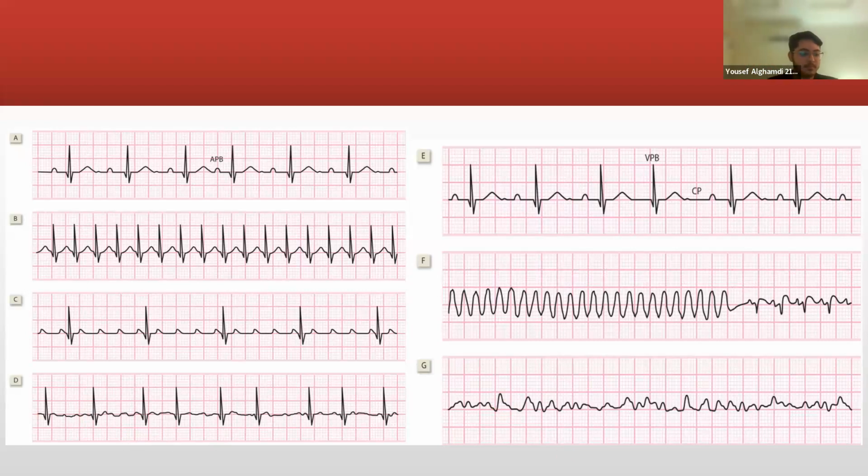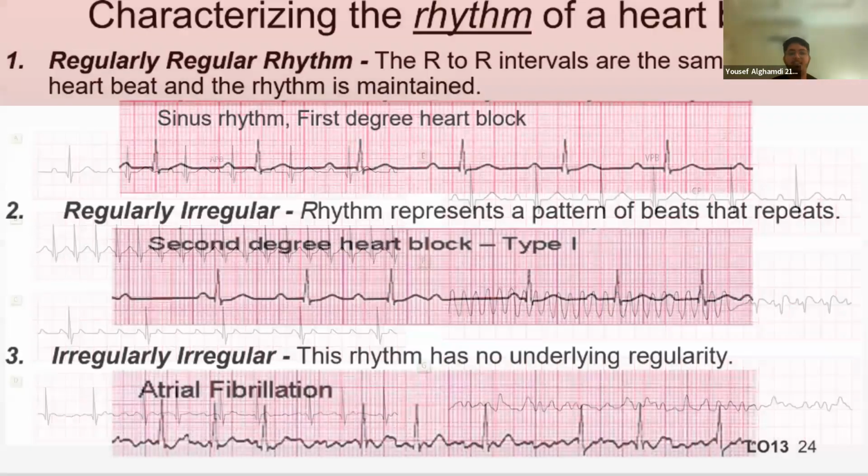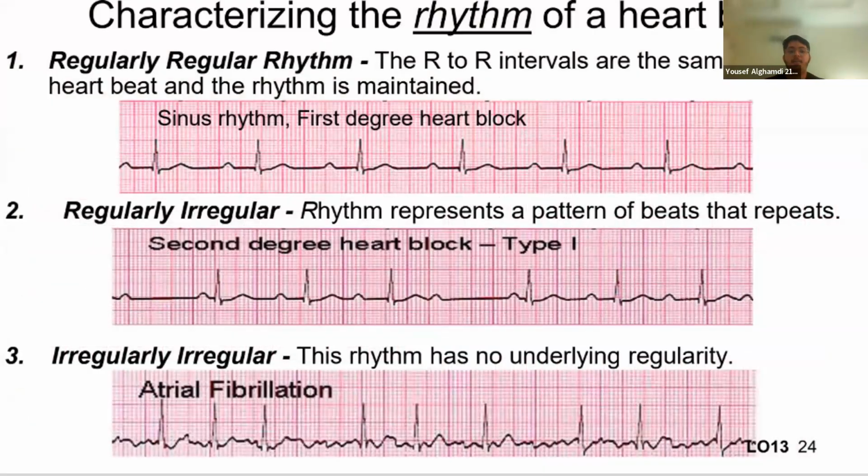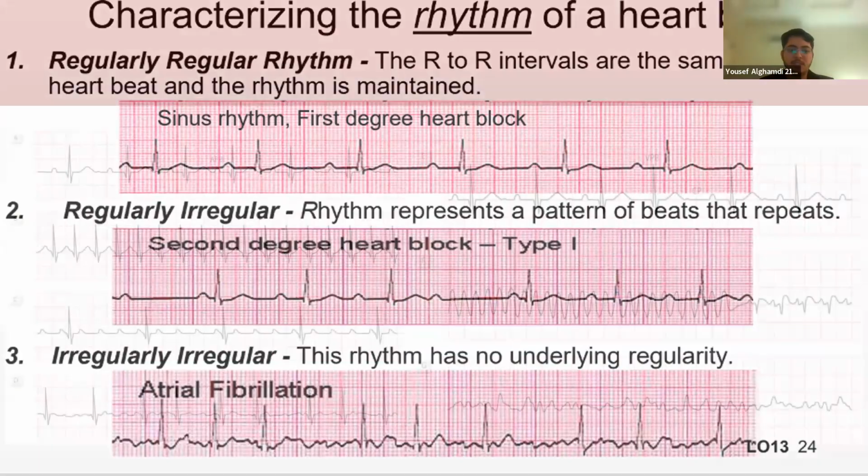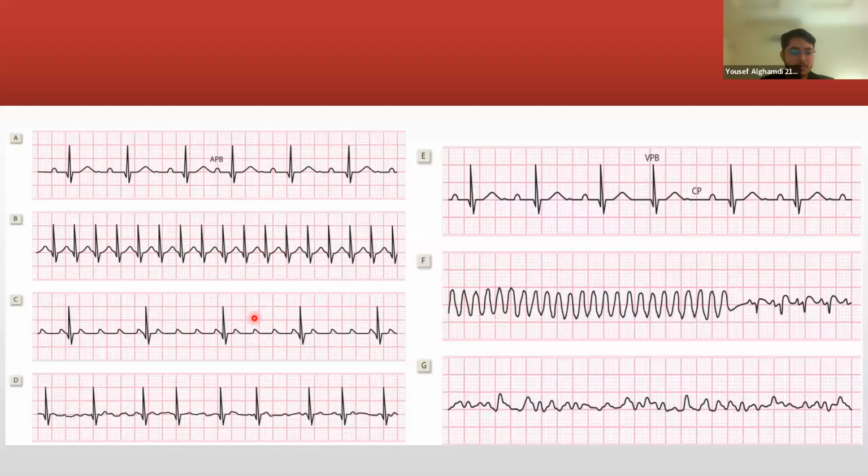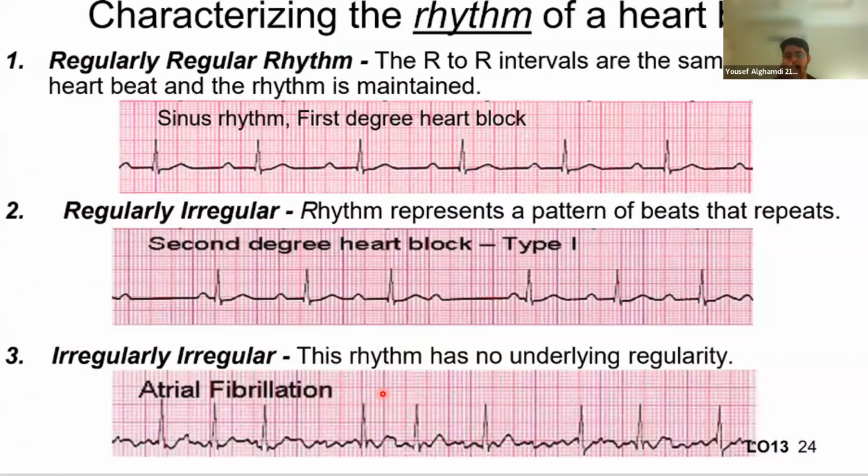VFib. And for Virchow's triad, the third one was endothelial damage. I remember. Anyway, I think one of these is a heart block. Oh yeah, these two are heart blocks. But do you guys want me to explain heart blocks again? That's why I put the slide here. This is from Dr. Simon's slides.